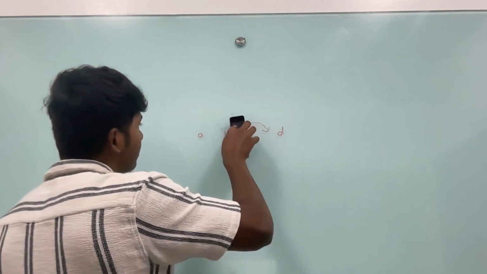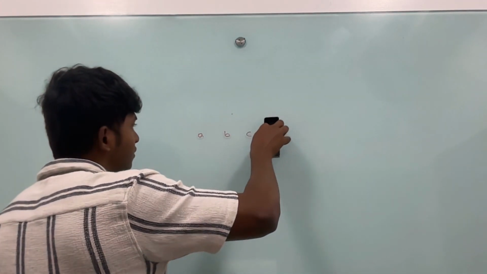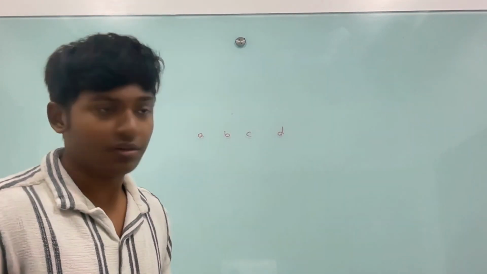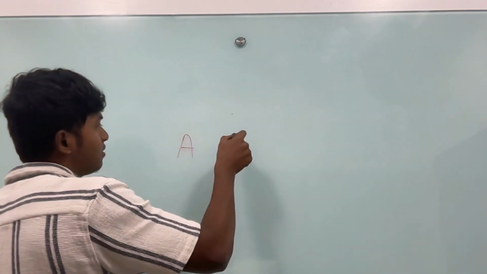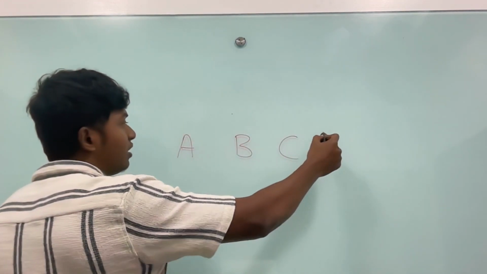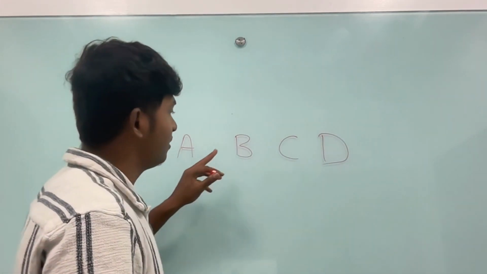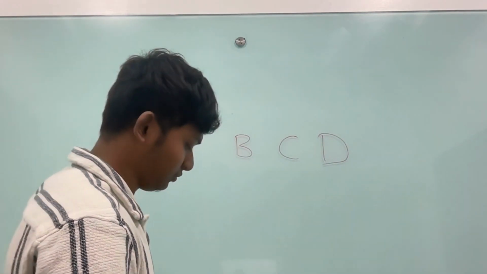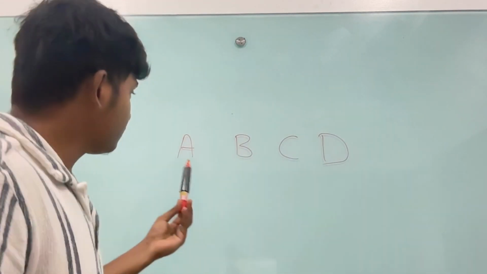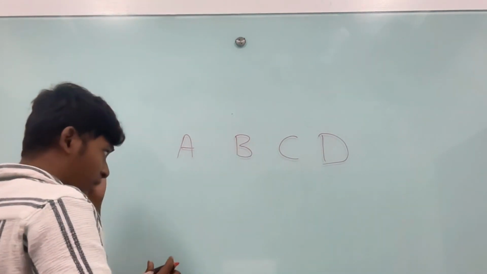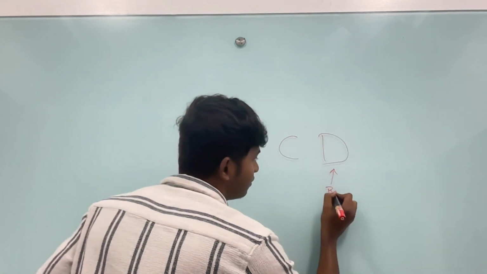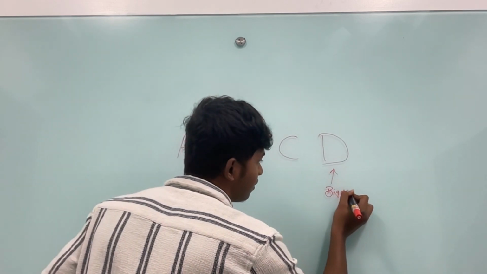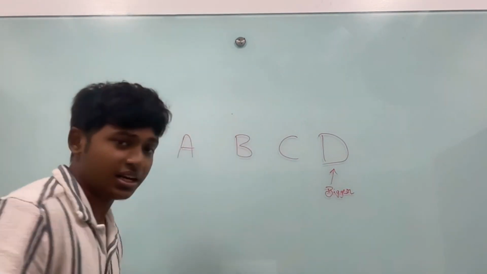There is something that you have to notice. Let me write this big real quick. A, B, C, and D. So first we start with A, and let's say D is the next bigger temperature.